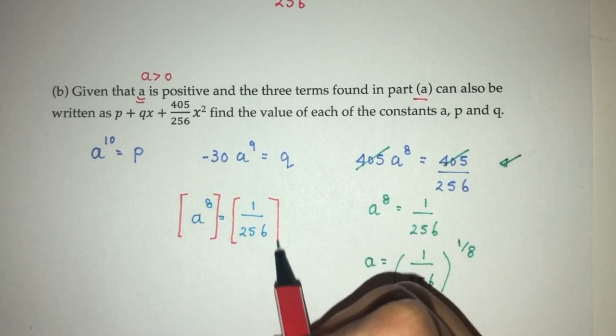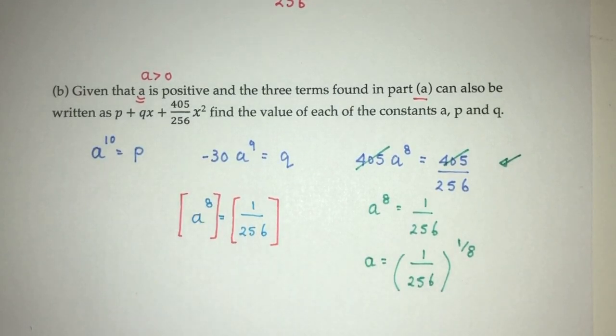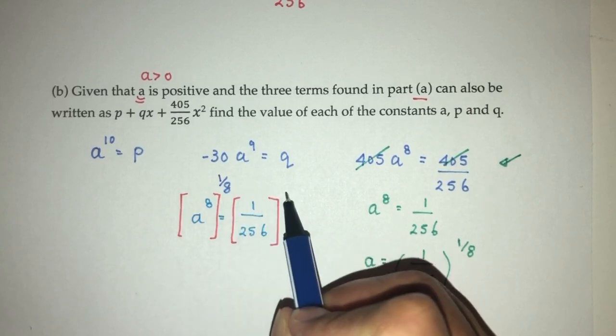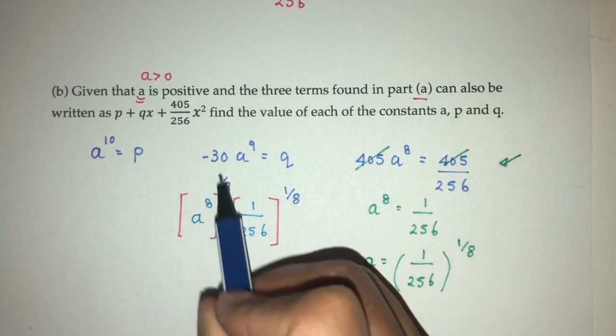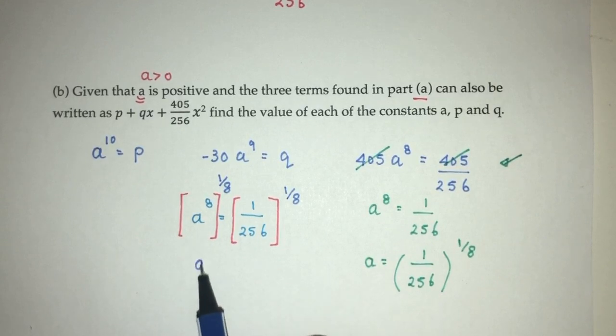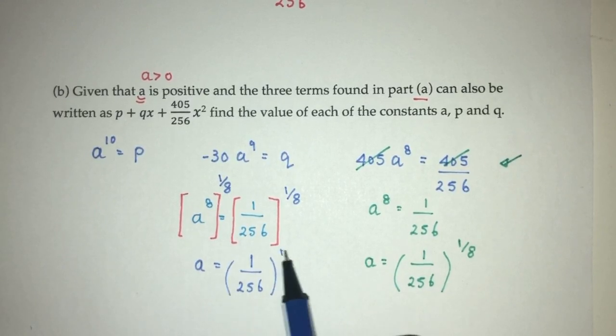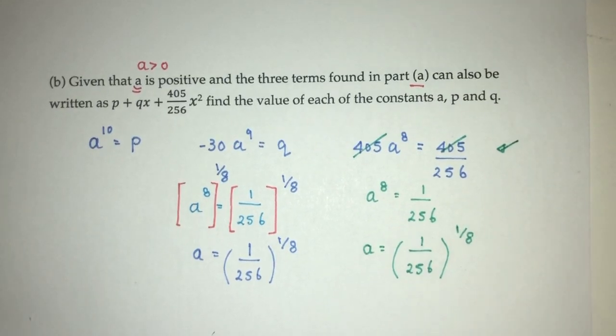I realized that I have to apply the power of 1 over 8, because 8 times 1 over 8 is 1. I will have A, and here we have 1 over 256 to the power 1 over 8. As you can see, I was able to make A the subject of the formula.